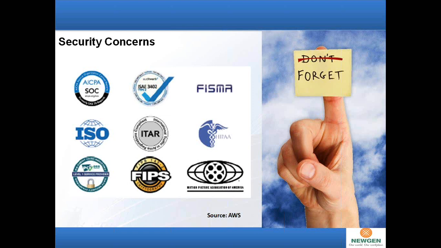You can look at the certifications that Amazon has obtained to ensure security. All world-class standards that are available, Amazon has gone through, whether it is ISAE 3402, which is the latest standard, or ISO, or FIPS. You should not worry about security concerns.